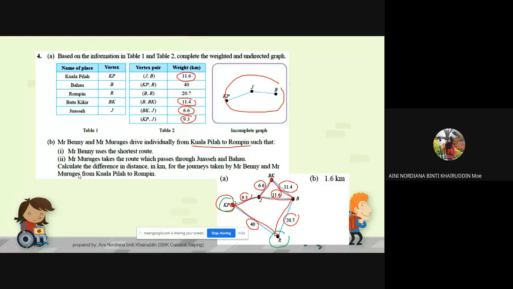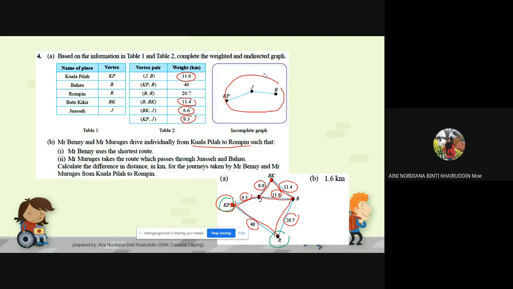So, calculate the difference between Mr. Murugas and Mr. Benny. Mr. Murugas takes the journey that passes through Juasseh and Bahau. So 41.6 minus 40, which is 1.6. So this is the answer for B.